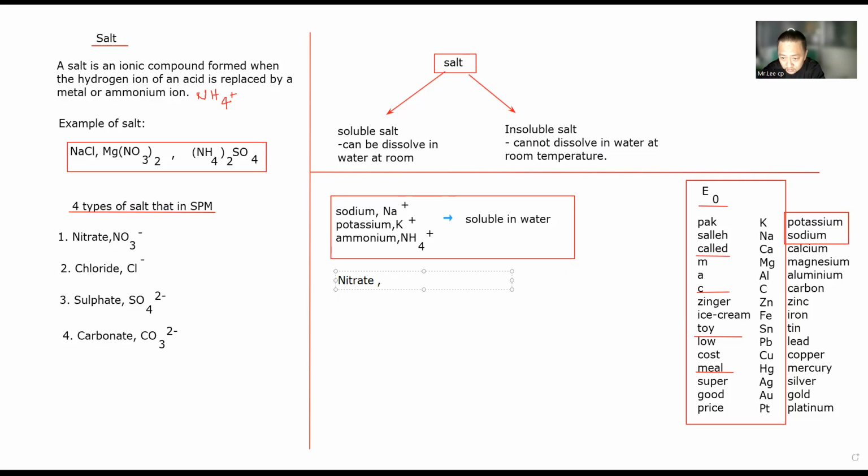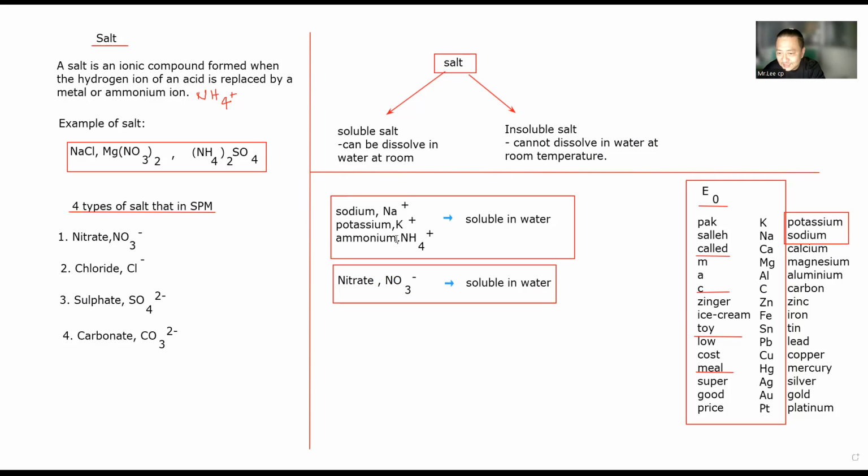Nitrate salt is NO3 minus. All the nitrate salts are soluble in water. Okay.